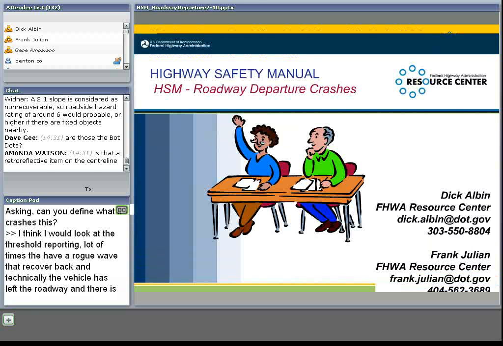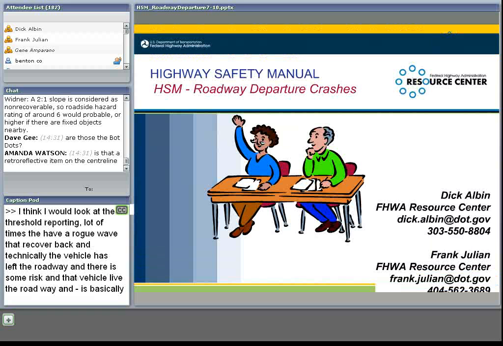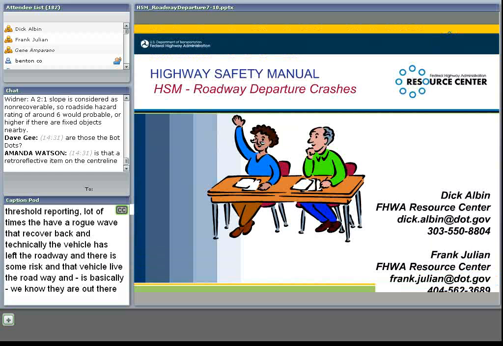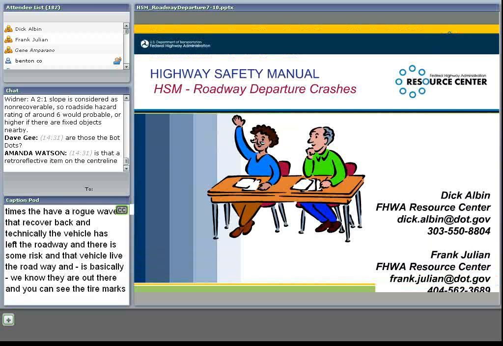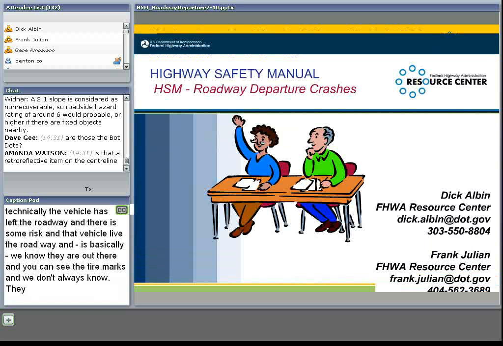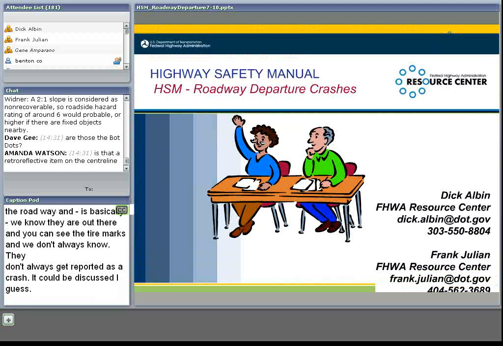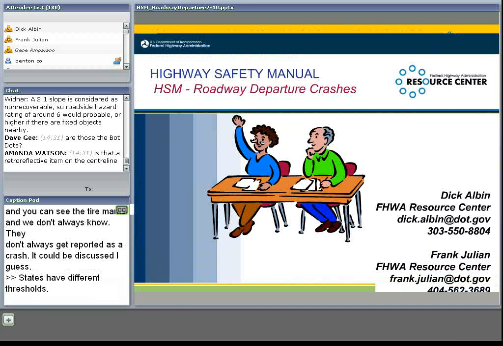We have a question from Gil from New York State DOT, I believe, asking, can you define what a crash is? Isn't leaving the road a crash? I think I would look at the threshold reporting. A lot of times you have people leave the roadway and recover back, and while technically the vehicle has left the roadway and there is some risk when that vehicle leaves the roadway, if it's not reported, it's kind of like the tree that falls in the woods you don't hear.